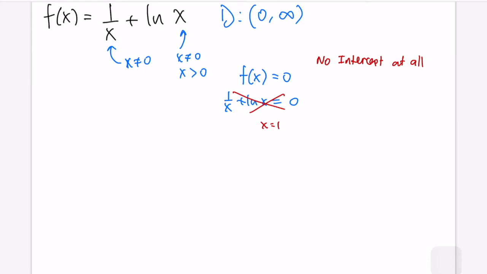Next thing, we check symmetry. This is not the same as this, so no symmetry.